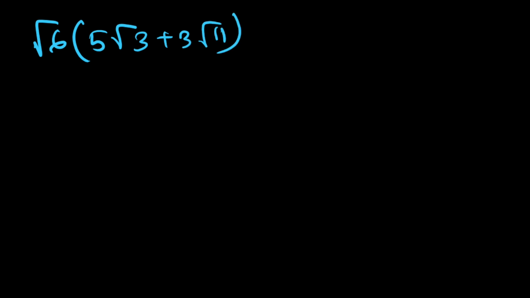So how to check? We multiply root 6 by 5 root 3 plus 3 root 11, which gives 5 root 18 plus 3 root 66. Here root 6 times root 3 is root 3 into root 2 into root 3, that is 3 root 2.